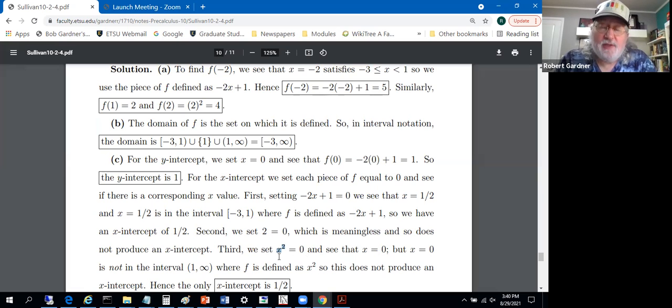So based on the piecewise-defined nature of the function, we do get x squared equals 0 when x equals 0. But you don't use x squared when x equals 0. You use something else. So the function f itself is not 0 when x equals 0, because that's not what the function looks like when x equals 0. It looks like one of those other pieces.